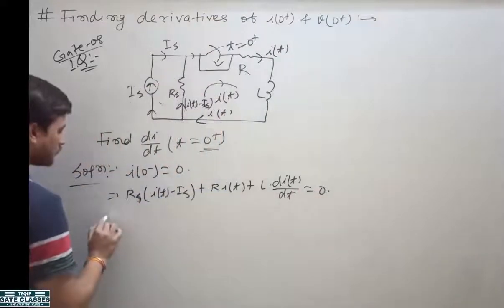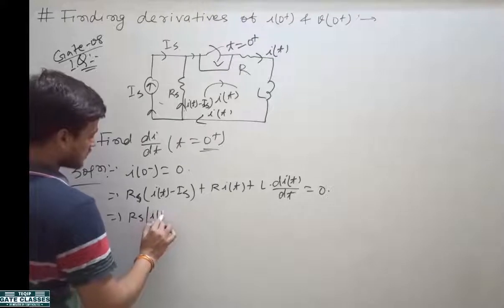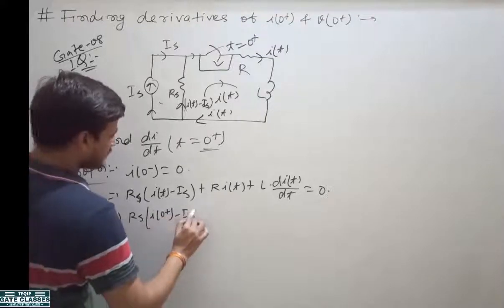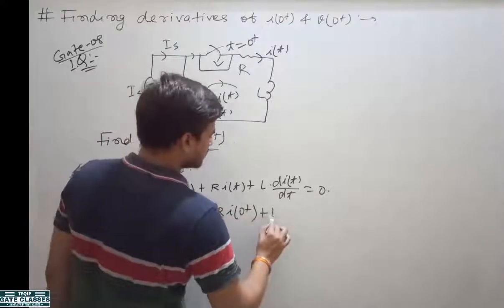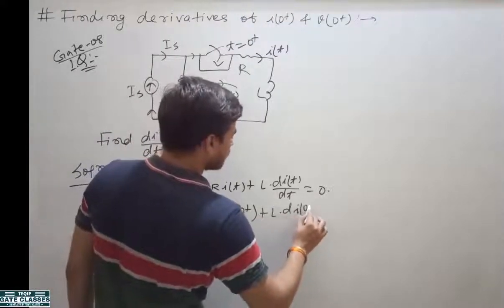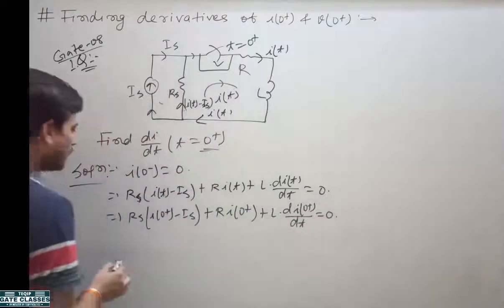Put t equal to 0 plus. So Rs into (i(0+) minus Is) plus R into i(0+) plus L into di(0+)/dt will be equal to 0.